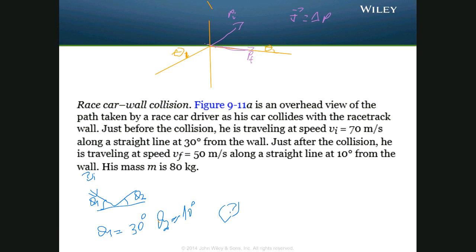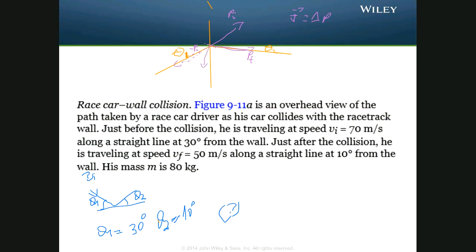So remember, delta P is P final, which we have here. And then we're going to have to make an auxiliary vector. So we have Pi, this will be minus Pi, right? So Pf minus Pi will get you something, depending on which one's bigger, very likely in this quadrant, all right?